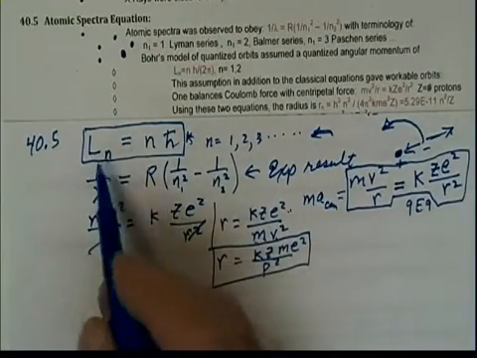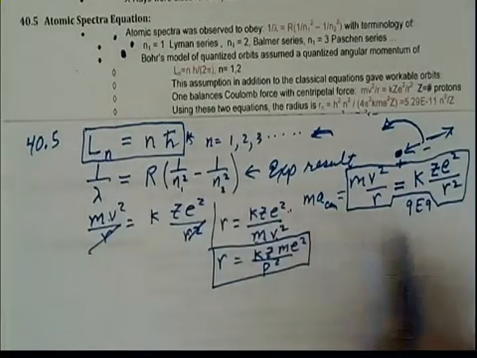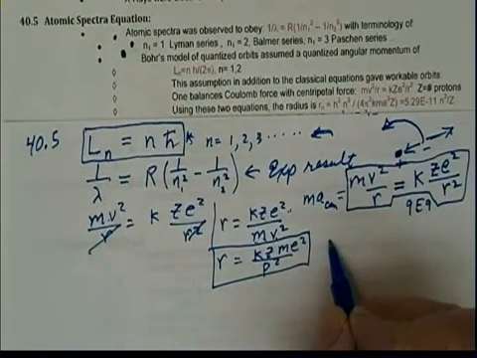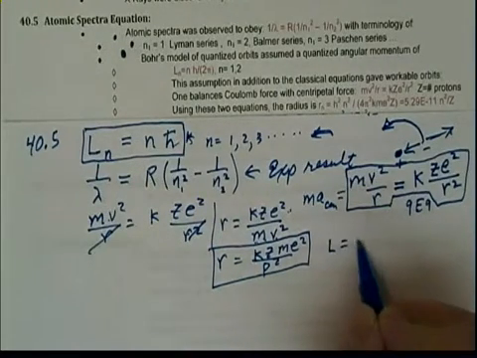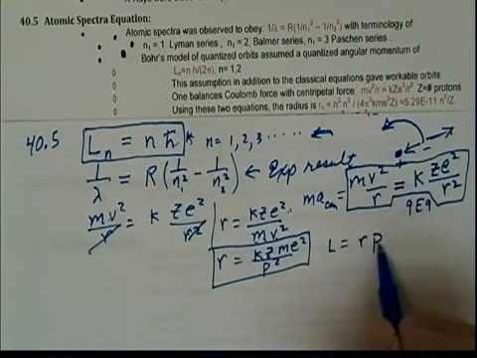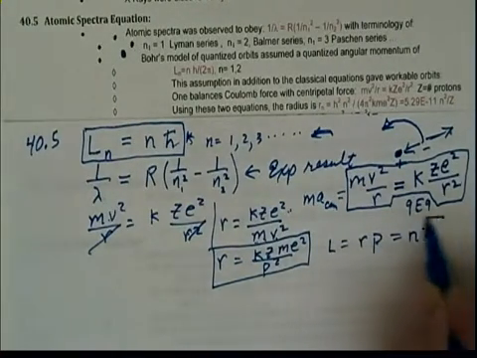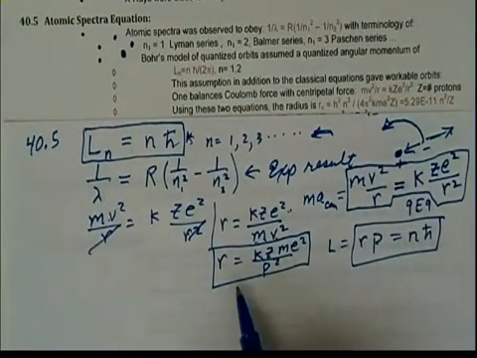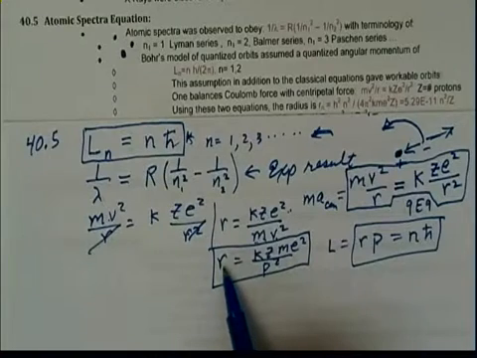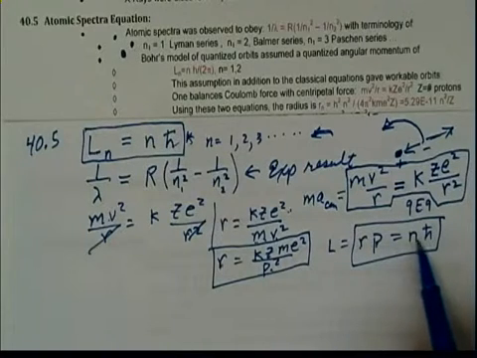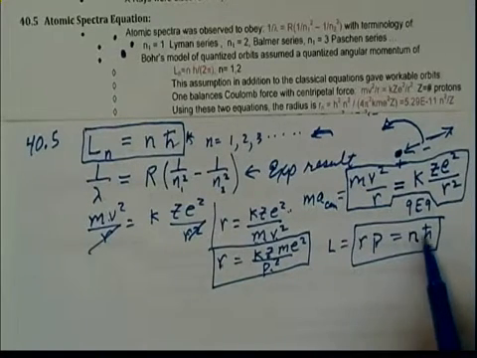But p times r is going to give us the angular momentum. So L is going to be equal to r times p, and this is the p perpendicular, and that's got to be equal to n times h bar. So what do I have here? I have two equations for two continuous variables, r and p. And if I look at them, of course, n can be any integer.